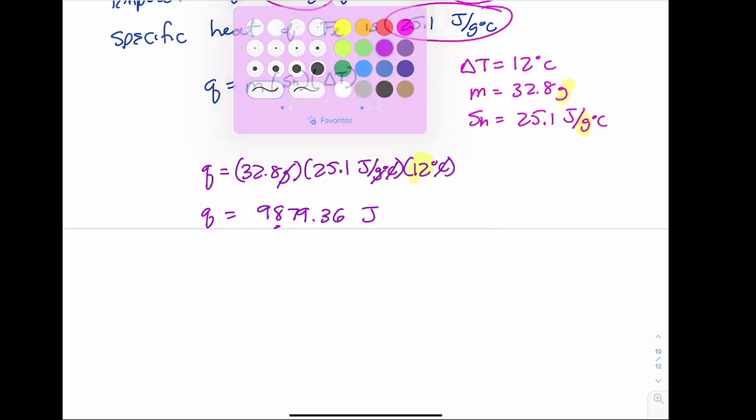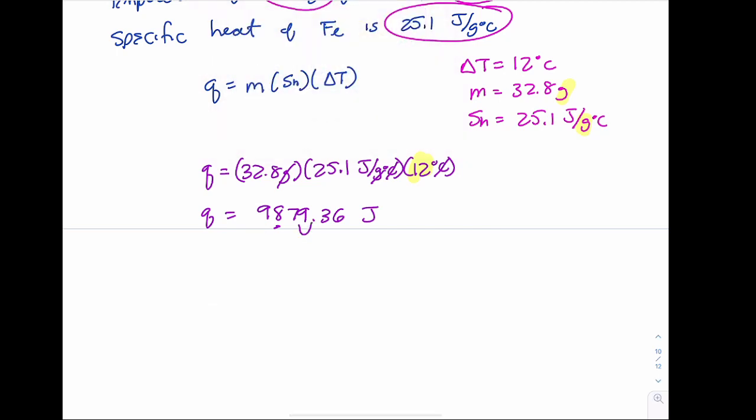So to convert to kilojoules, right, we can just move our decimal place over. So I'm going to have 9.9 when I round it to the correct number of significant figures, kilojoules. If you wanted to leave it in joules, 9,900, right, joules. And that would be fine also, since the question didn't specify.